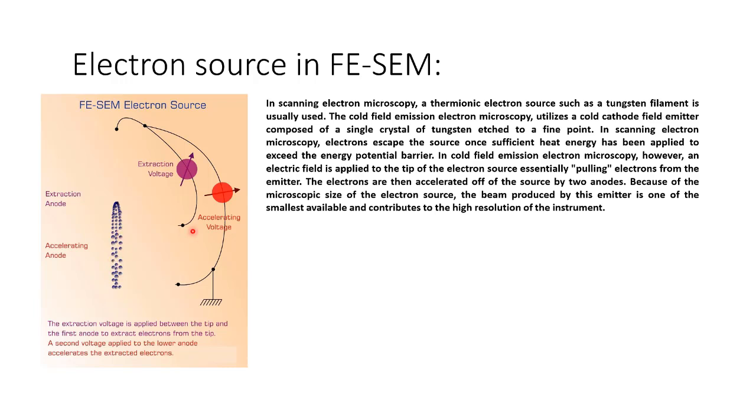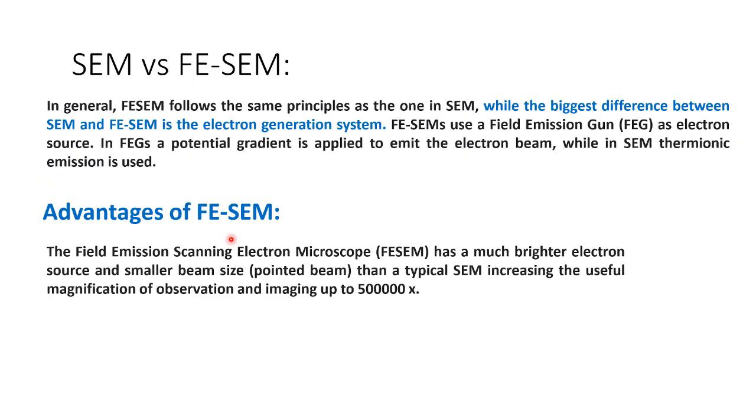The electrons are accelerated off the source by two anodes. Because of the microscopic size of the electron source, the beam produced by this emitter is one of the smallest available. So since we are using a microscopic size electron source, the beam, as I already told you, is very very small, and that's why it will give a very high resolution of the instrument.